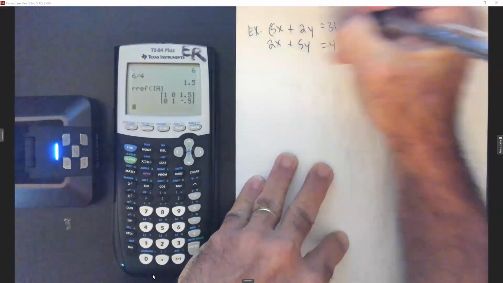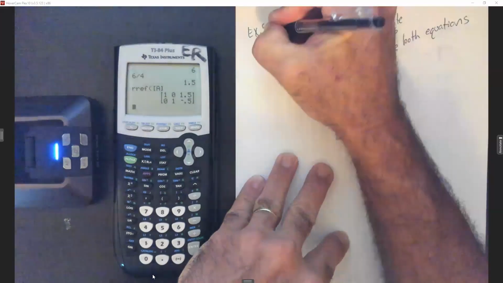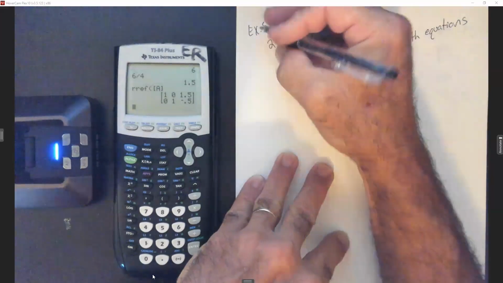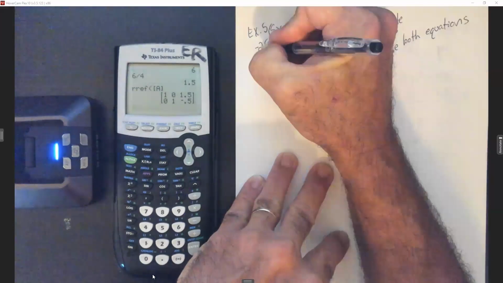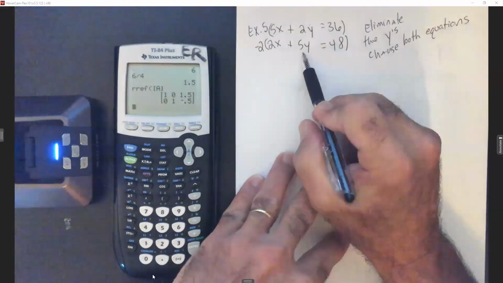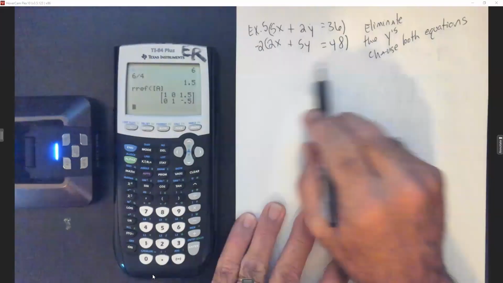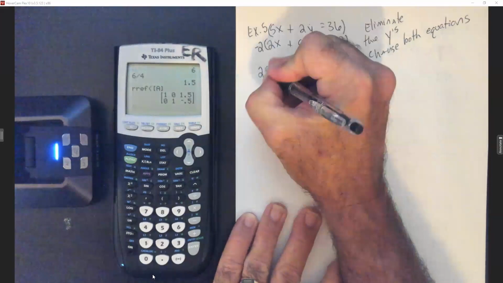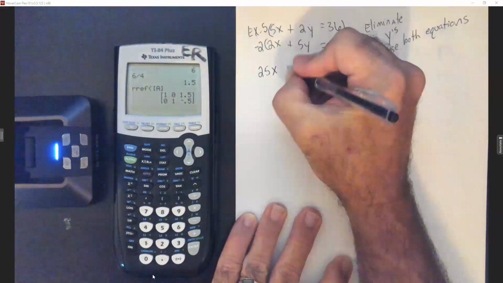So watch what I'm going to do. I'm going to take the first equation and multiply by 5. 5 times 2 will give me a positive 10. The second equation, I'm going to multiply by a negative 2 because negative 2 times 5 will make that a negative 10, okay? So let's rewrite our rows. 5 times 5 is 25x. 5 times 2 gives you 10y.